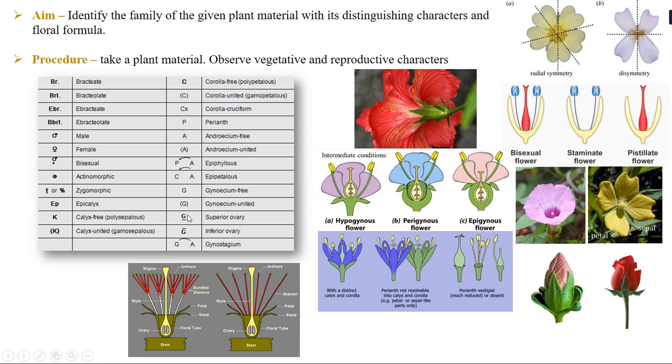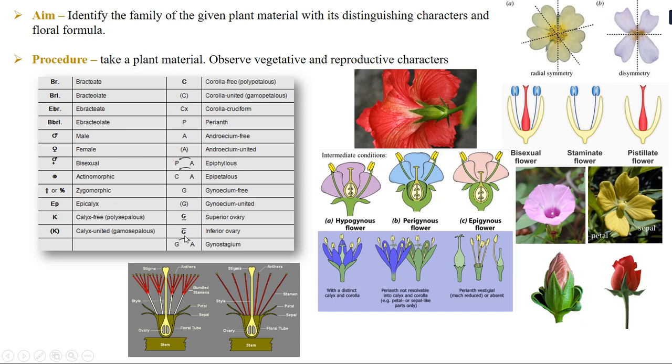You write G and you put a dash beneath the alphabet G. And if the ovary is inferior, like in this case, epigynous flower, where you see that the ovary is inferior and all the other whorls are arising from above the ovary, this is an inferior ovary. And how do you write it in a symbol form? You write G and the dash is put just above the alphabet G.